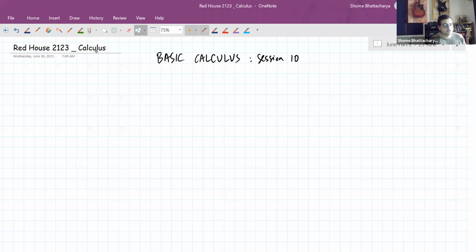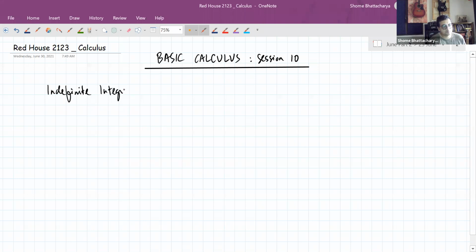So we'll start with a quick review of basics of integration that we discussed last time. Let's start by understanding once again the process of indefinite integration. Indefinite integration is an operation that is used to calculate the antiderivative of a given function.